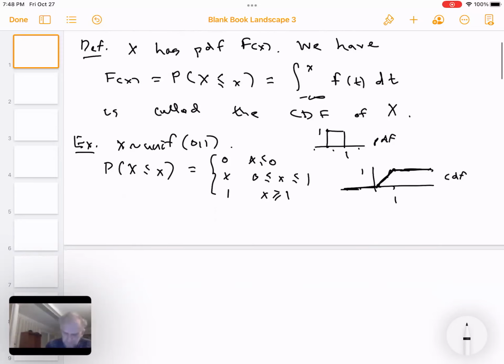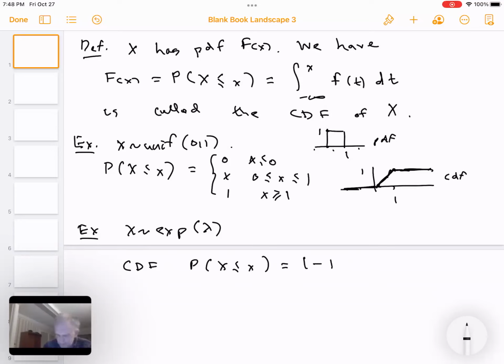Example 2, say X is exponential with rate lambda. Okay, so then the CDF, probability X less than or equal to little x. Quick way to do this is just to use the complement.